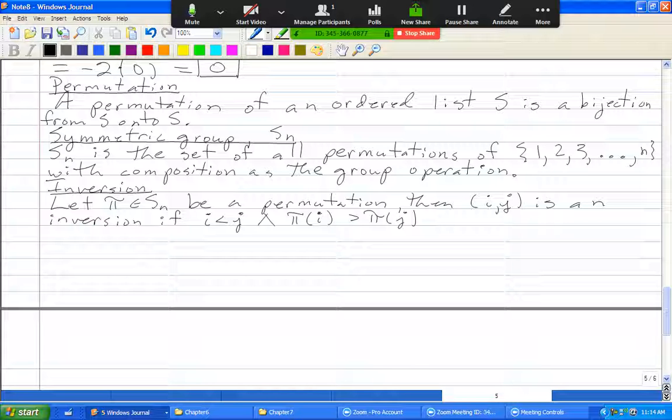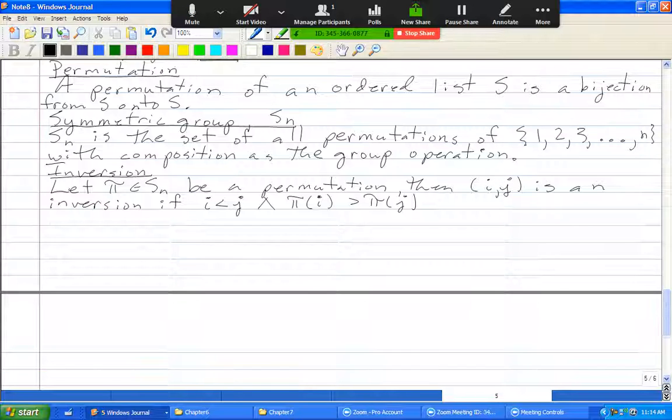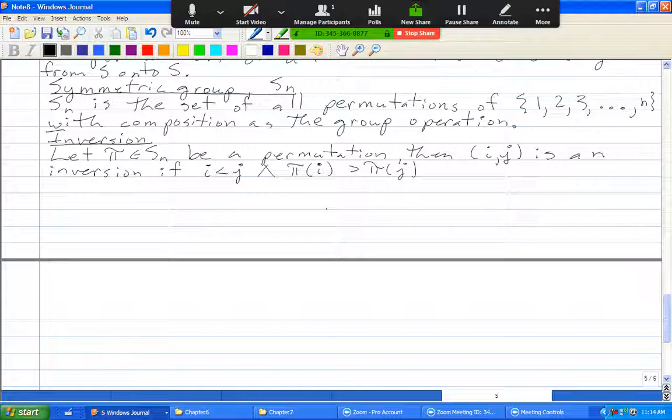Okay. So a determinant, and let's say this is for real values.